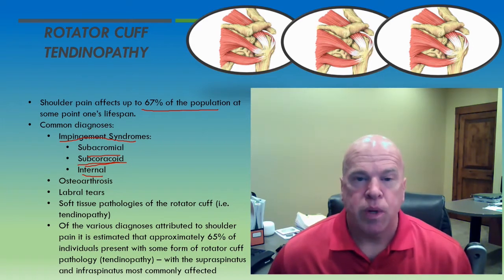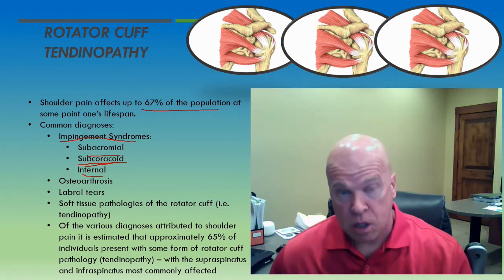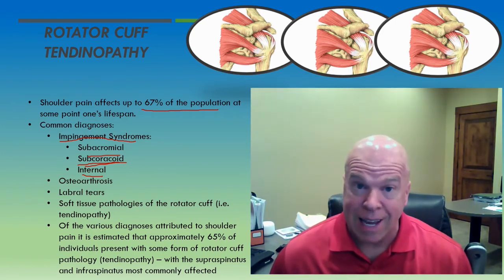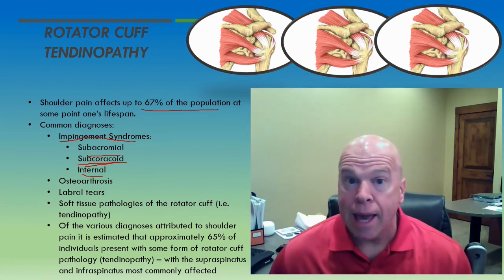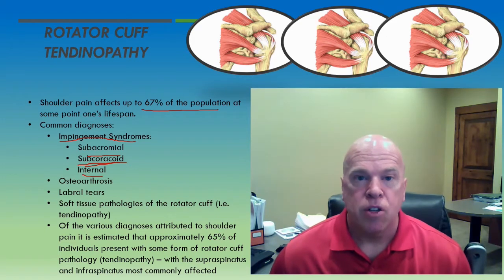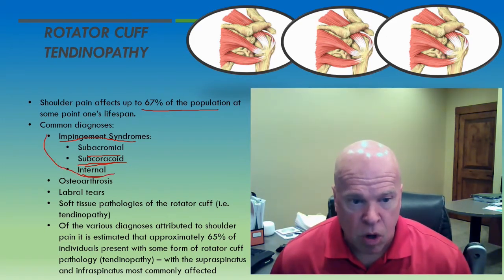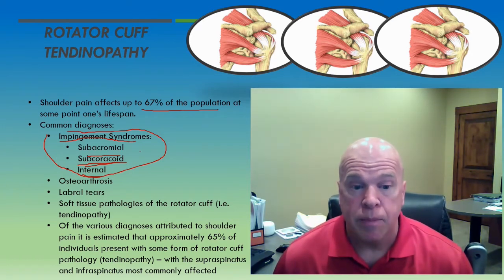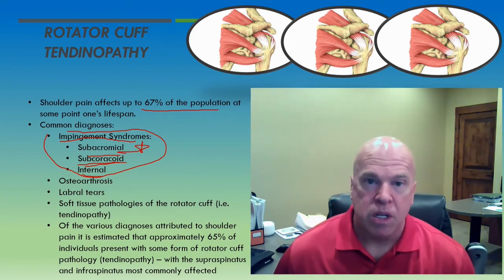So the supraspinatus tendon gets impinged between the greater tuberosity of the humerus and the posterior superior aspect of the glenoid, causing impingement, decay and pain of the supraspinatus tendon. So those are the impingement syndromes, and probably the most common you're going to encounter in the industrial setting is the subacromial impingement syndrome.